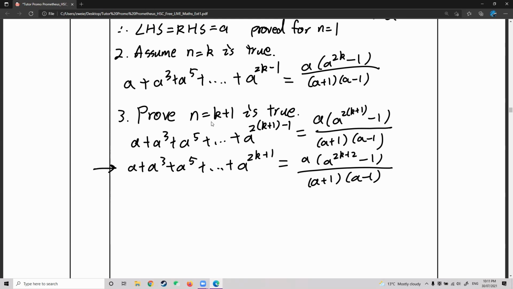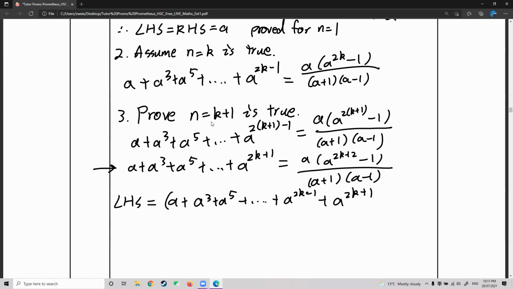So we'll start from the left-hand side. Left-hand side will be equal to a plus a_3 plus a_5 plus dot dot dot, and our last term was a_{2k−1}, so plus a_{2k−1}, plus a_{2k+1}.